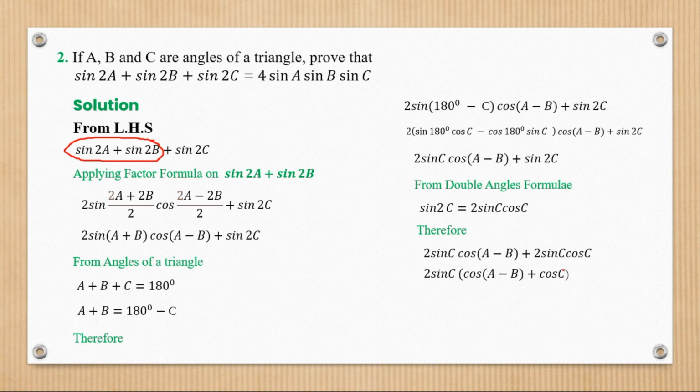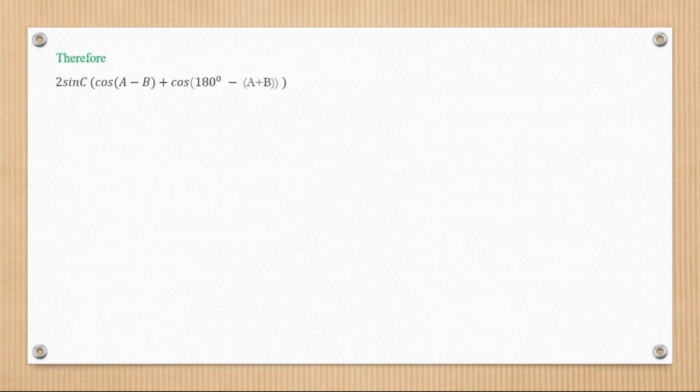Now the next step is again to convert this c into a plus b, so that we have a formula where we can do the factor formula together with this value here. So again, from angles of a triangle, we know that a plus b plus c is 180. So c is equal to 180 degrees minus (a plus b). When we substitute that in, we end up with that.